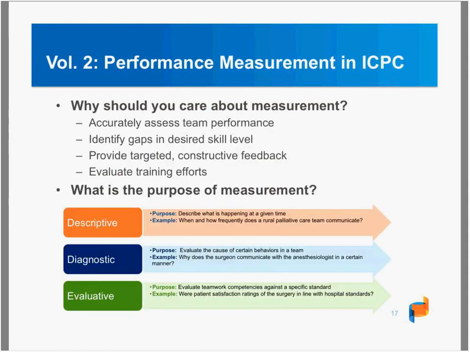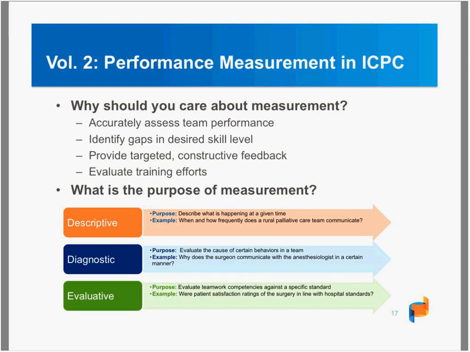The first one is why you should care about measurement, and we have some discussions about why you need it to assess team performance, of course, to identify gaps in skill levels, for developmental purposes, feedback, and to evaluate developmental interventions like training.